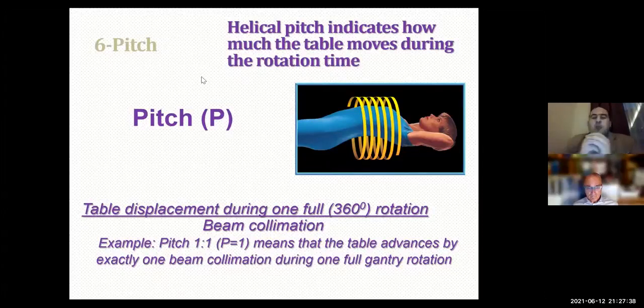For your CT scanner, you will find pitch factor or helical pitch. Helical pitch indicates how much the table moves during the rotation time. Okay. The pitch factor equation is the table displacement during one full 360-degree rotation divided by the beam collimation or the detector configuration.